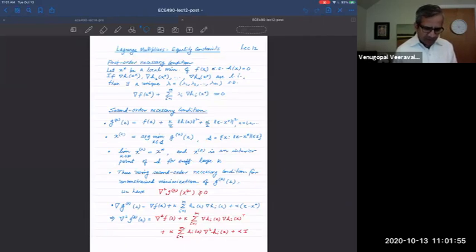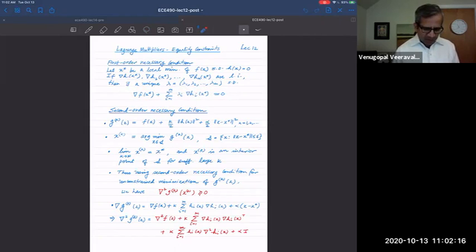Actually, we did examples mostly in 13, I guess. But we looked at Lagrange multipliers with equality constraints, and then this was the key result about necessary conditions.